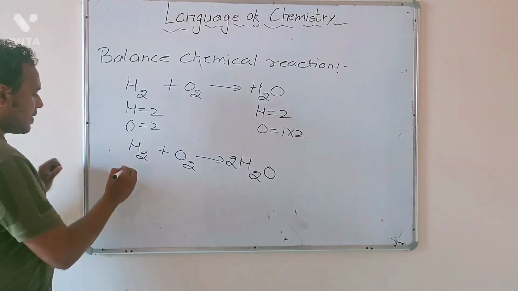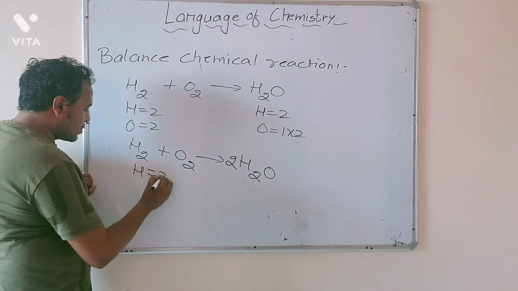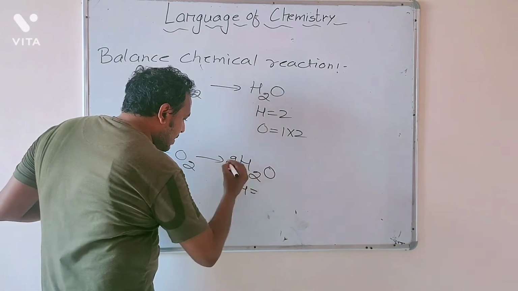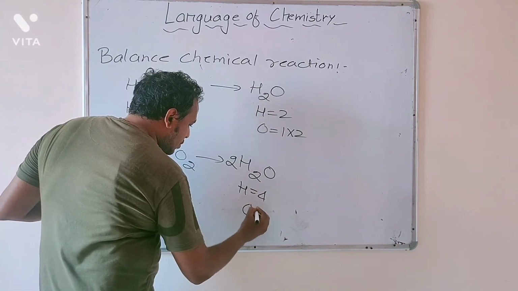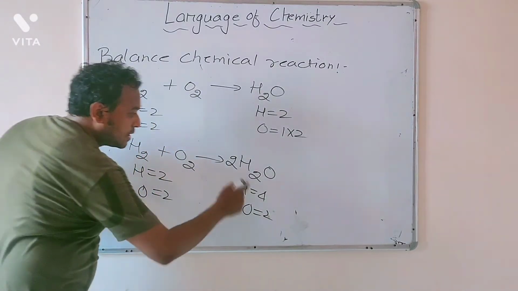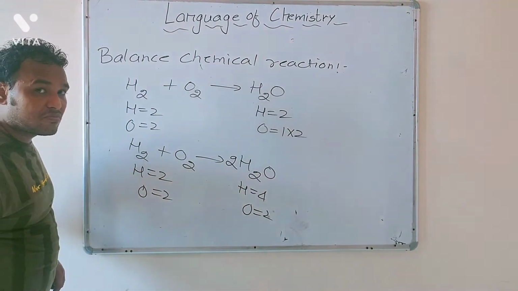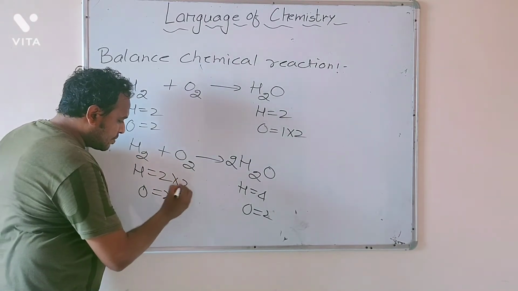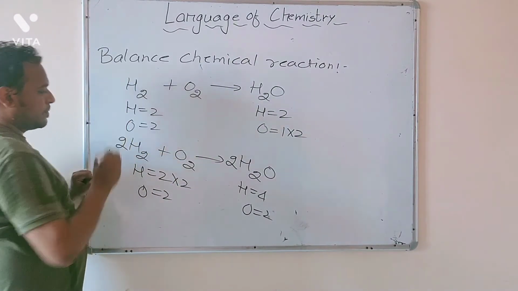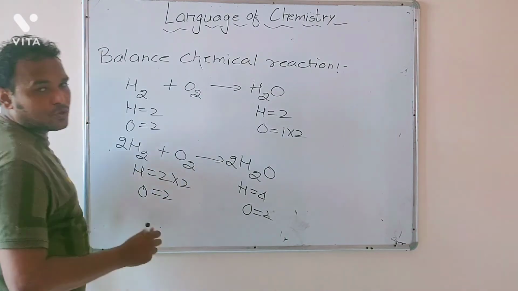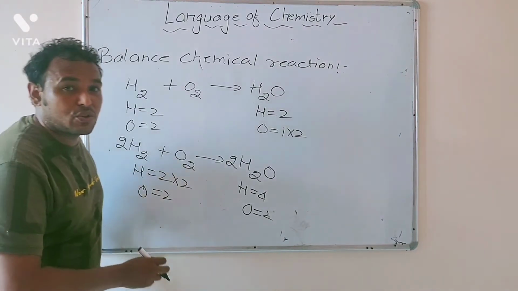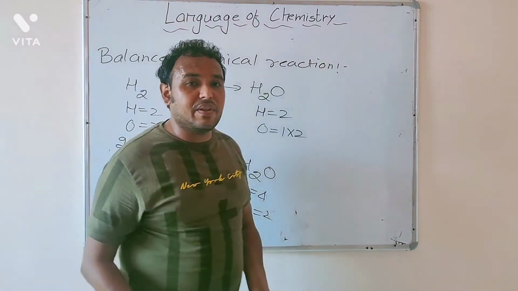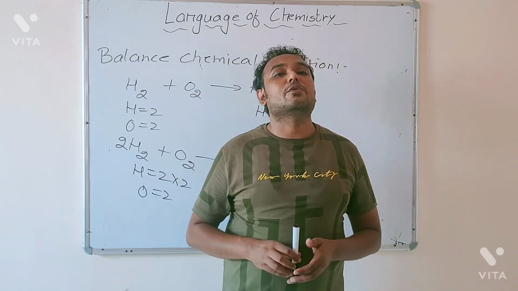If you count the number of atoms, H equals 2, O equals 2. Over here, H is equal to 4, 2 2s are 4, and O is equal to 2. Now, hydrogen atoms are unbalanced. Now we have to balance. How can we balance? We simply multiply this by 2. So we put 2 over here. So 2H2 plus O2 gives 2H2O. This is the balanced chemical equation of water. And this is the way we can balance any chemical equation.